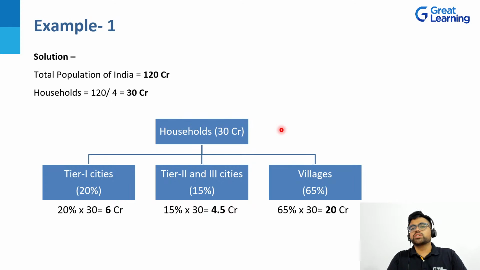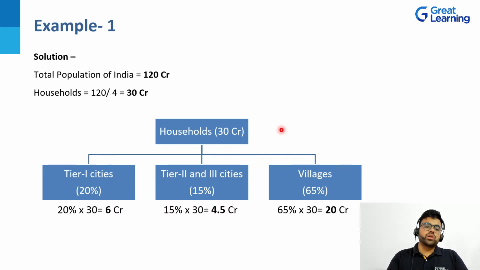Now, why have we assumed this? This is to make sure that we are evenly distributed, because villages, tier 2, tier 3 cities and tier 1 cities would have different percentages of people who would own a washing machine. Again, not every household in the country would have a washing machine.